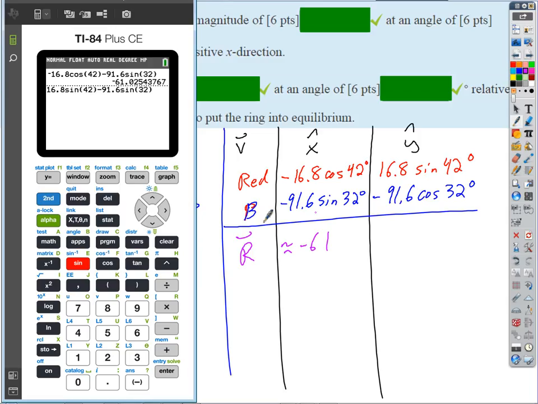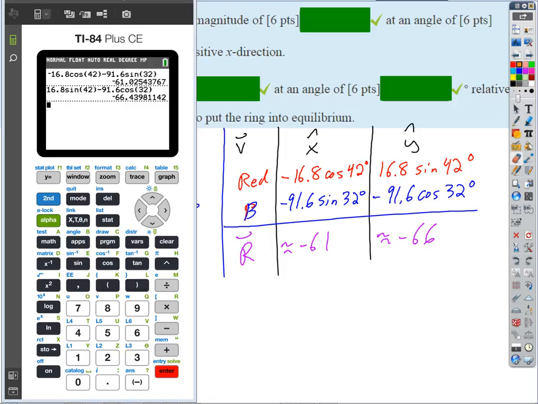And then minus 91.6 cosine, so I'll change the sine to a cosine. Hit enter, and we get about negative 66. Then all I've got to do is build my resultant vector out of those components, right?